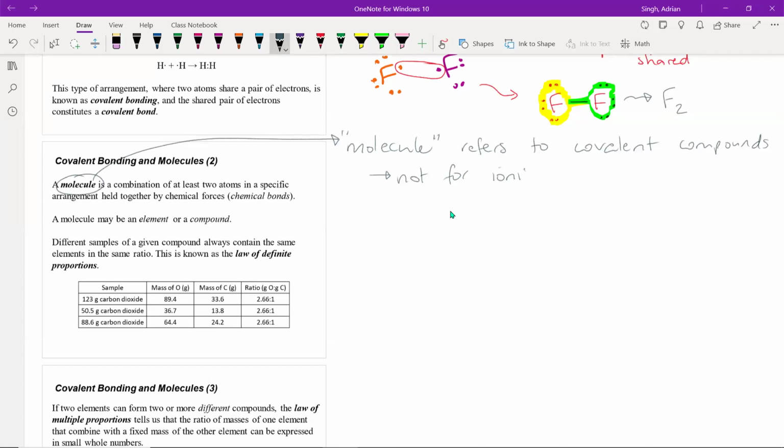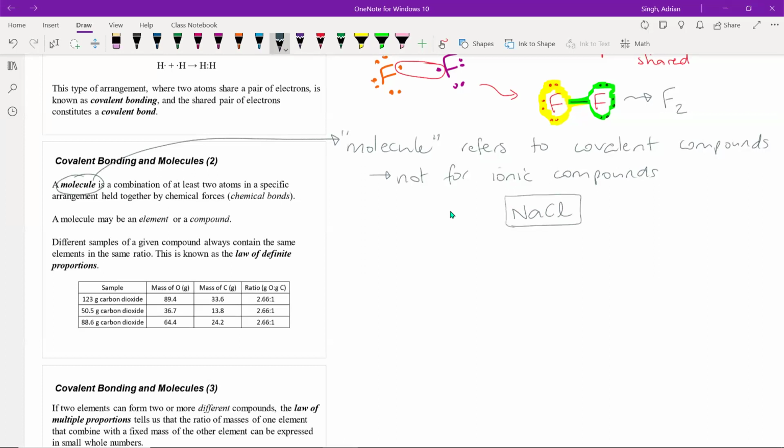Okay, so for example, if you have sodium chloride, which you know is an ionic compound now, we don't say a molecule of sodium chloride. That's not the correct terminology because, as we've seen before, sodium chloride, NaCl, is the smallest ratio of Na+ to Cl-.